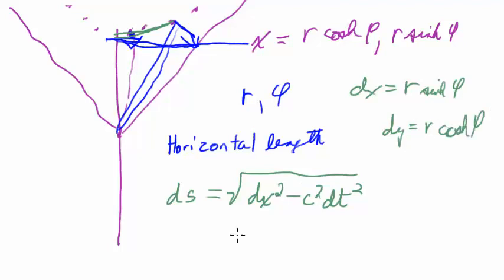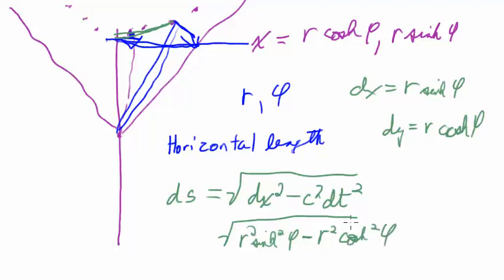And we'll just ignore the c, and we'll just put square root of r sinh squared phi minus r squared cosh squared phi, which would be what, the square root of -1? Well, we're going to be taking the integral from 0 to our phi final.